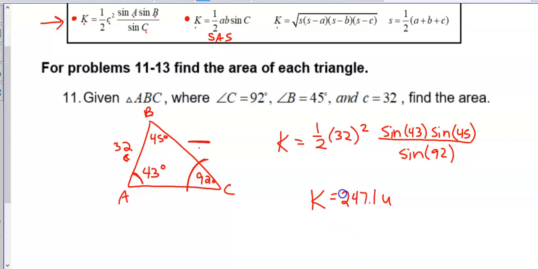And this is area, so it should be units squared, or square units, however you want to phrase that.